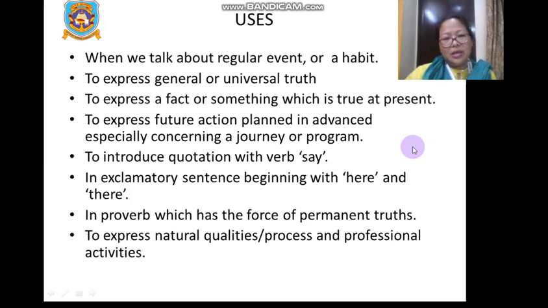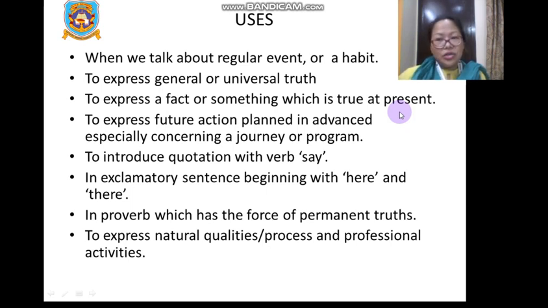That is a habit. To express a general or universal truth, for example, the sun sets in the west. To express a fact which is true at present, like he teaches mathematics in a school.